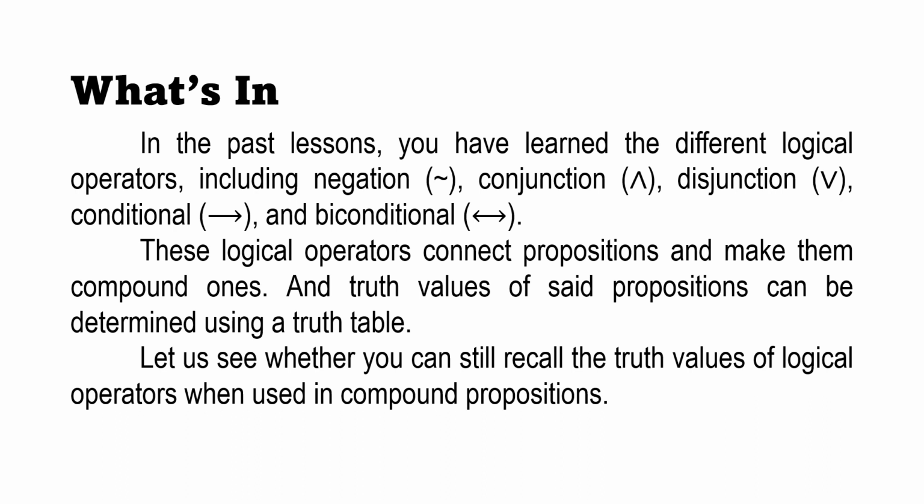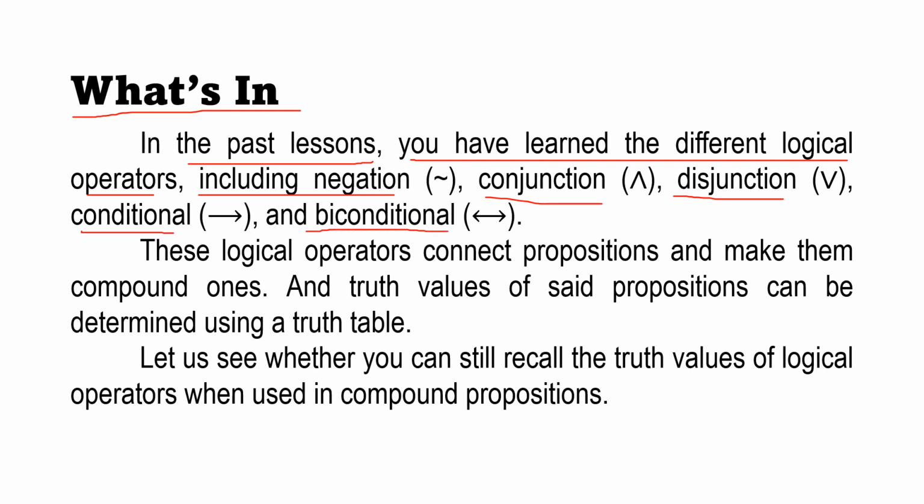Let's deal now with your what's in. In the past lessons, you have learned the different logical operators, including negation, conjunction, disjunction, conditional, and biconditional with their corresponding symbols. These logical operators connect propositions.